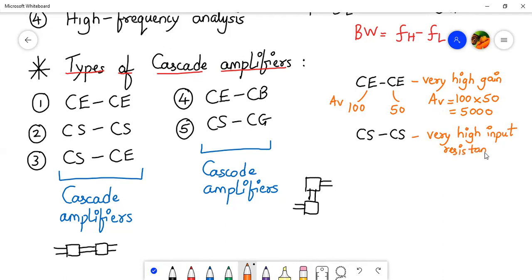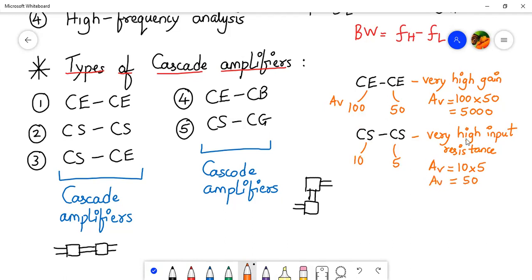Okay, it won't provide that much high gain. So let's say the gain of the first stage might be around 10 and the gain of the second stage might be 5. So the voltage gain over here will be 10 into 5, that will be 50, which even a single stage amplifier provides a better gain.